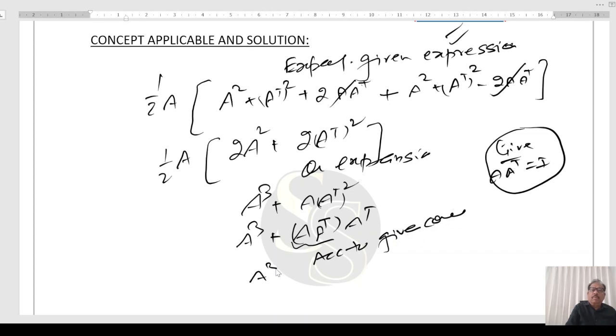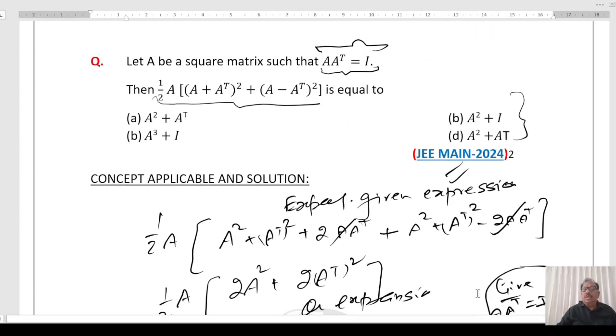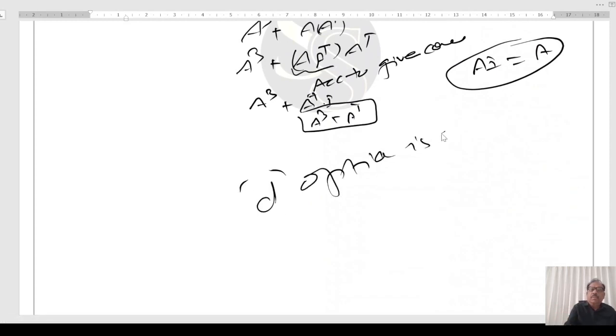This will become I. A plus A transpose into I, and A I equal to A. Right, so A square plus A transpose square. This is the answer. D is the correct answer. D option is the correct answer.